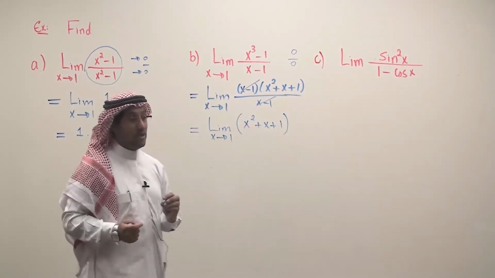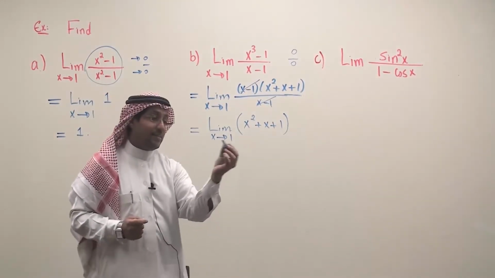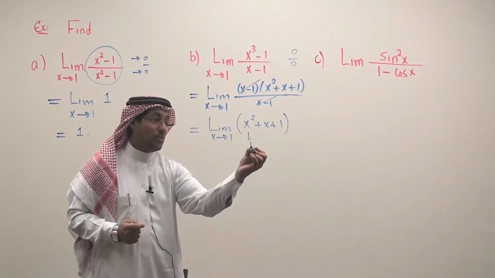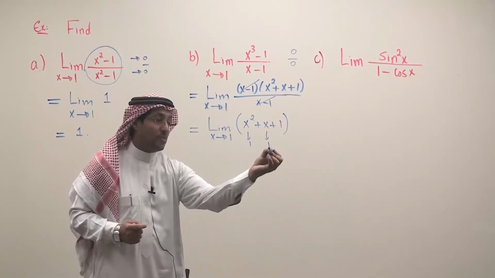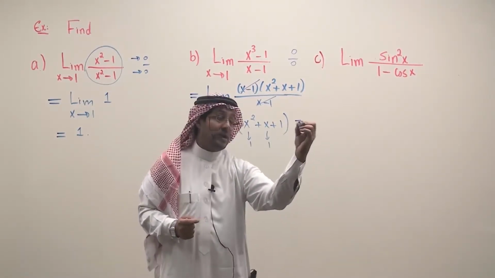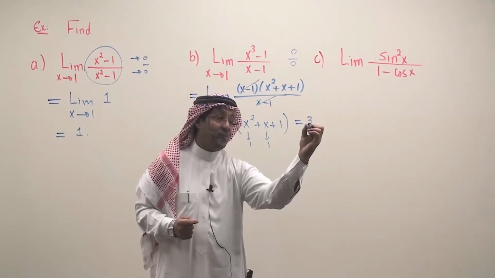All right? So see here, as x goes to 1, this quantity is getting closer and closer to 1, and this one is getting closer to 1, and this one too, so you will have what? 1 plus 1 plus 1, so it is 3.